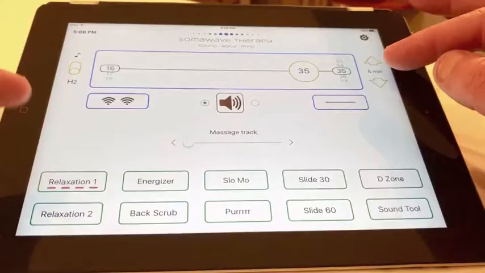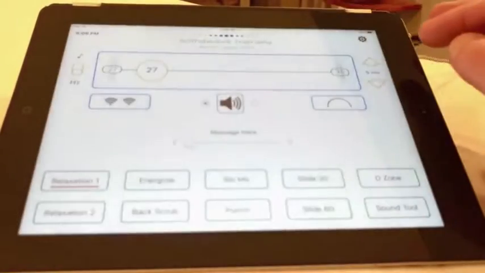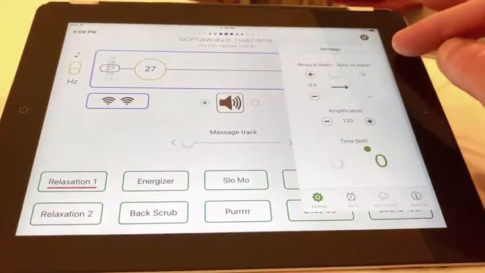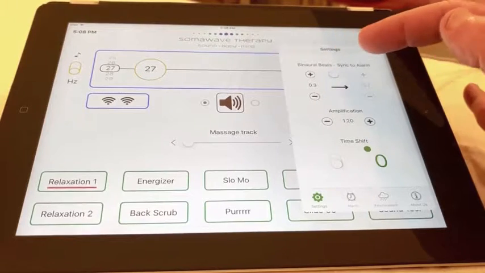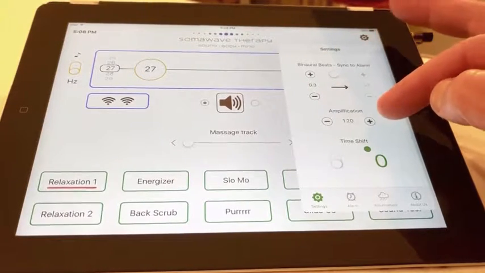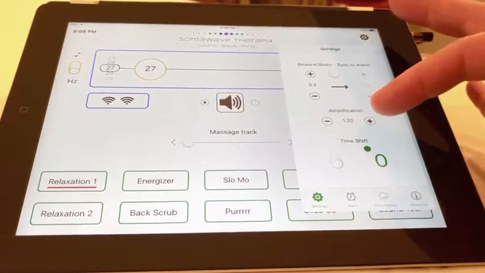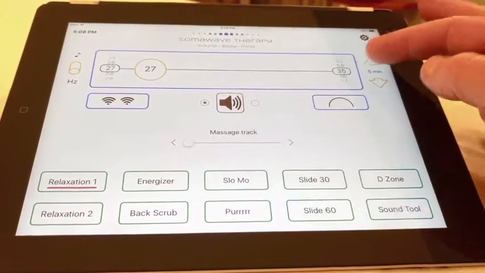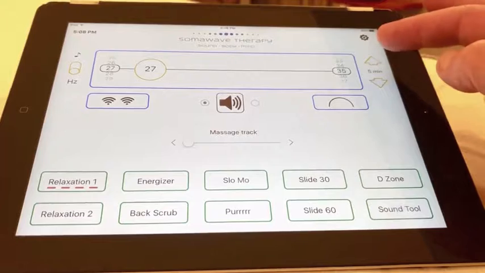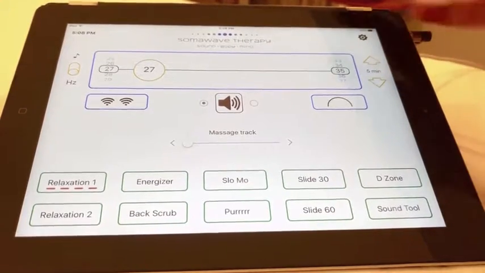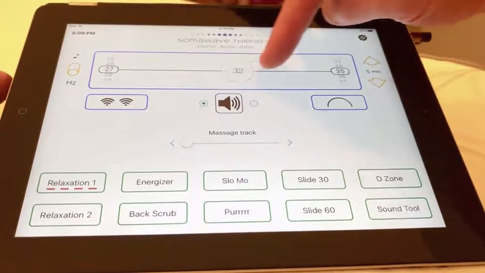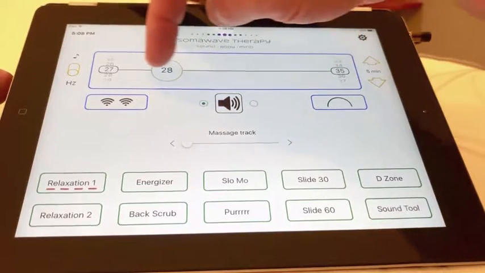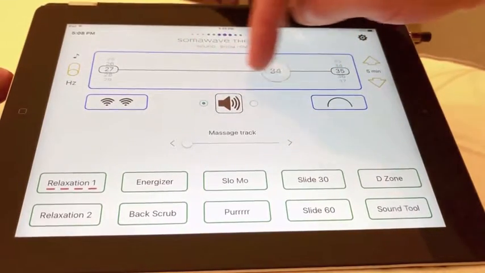For sweep mode, again, the variables will be the binaural beats and the level of volume or amplification. But speed will be a significant one here: how fast the sweep mode is playing through the frequencies.